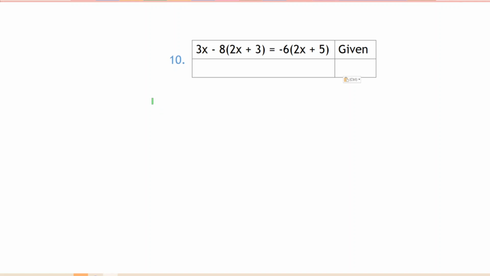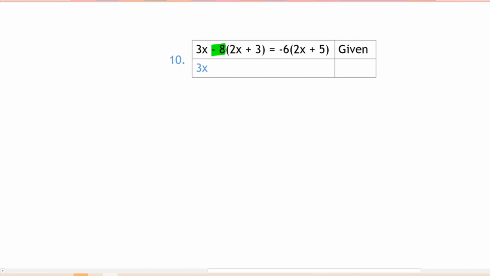I notice immediately that this has got parentheses right here on the left and it's got parentheses right here on the right side. And in front of each of those parentheses is a number. So we're going to distribute into that. On the left side, of course, we can start off with that 3x because that doesn't really have anything.